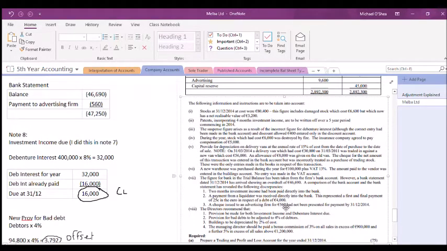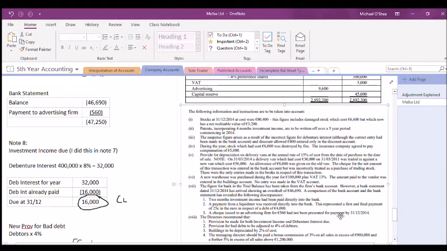So we paid an advertising firm 560 euro, and the bank didn't know this happened. So previously our bank overdraft, for our bank statement, was 46,690. So again, we're ignoring the other bank note that we've done because this has not been presented for payment.